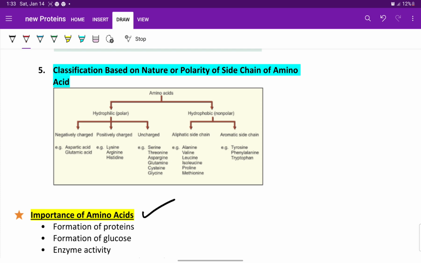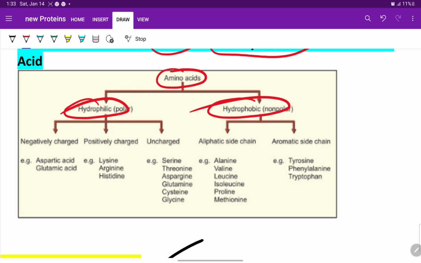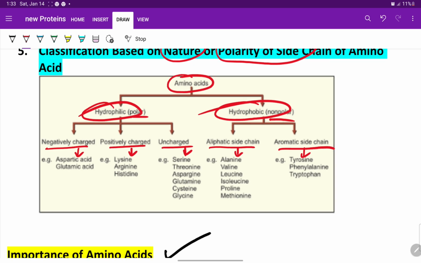The fifth classification is based on the polarity or nature of the amino acid side chain. Your amino acids are hydrophilic and hydrophobic, polar and non-polar. Polar ones have negative charge, positive charge, or are uncharged, while non-polar ones have aliphatic or aromatic chains. Based on those, you have these examples, so try to memorize them.